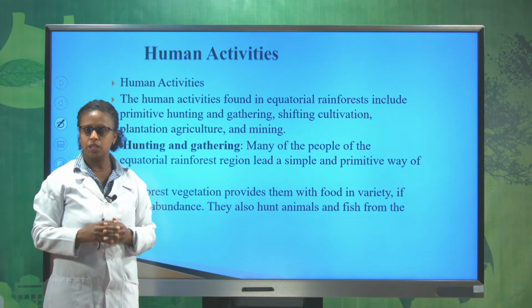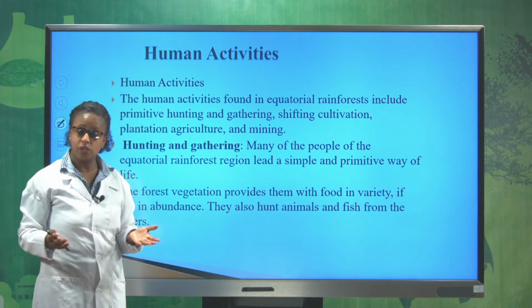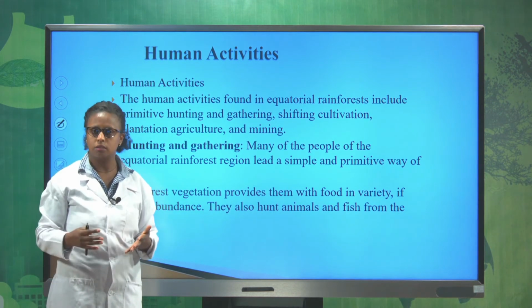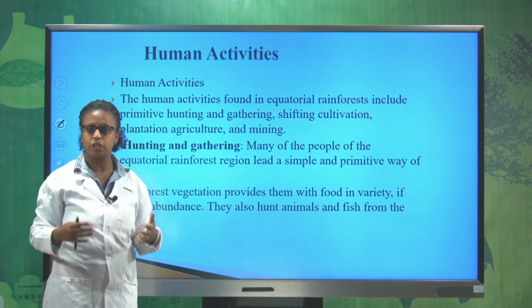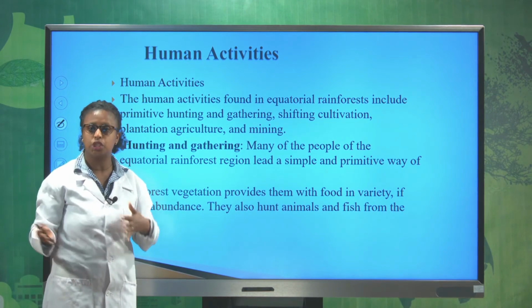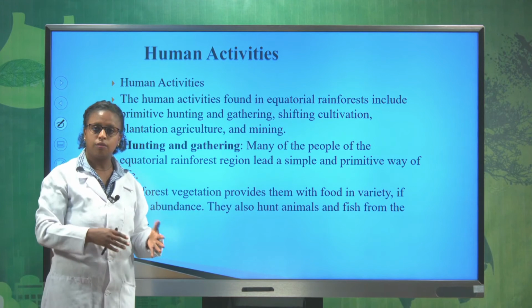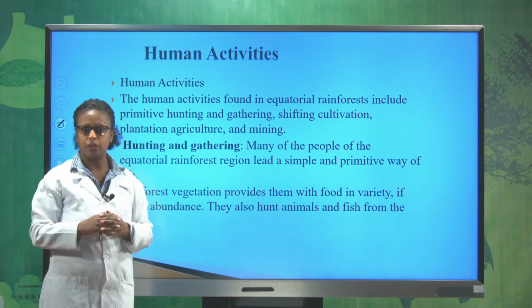Many people in the region lead a simple and primitive way of life, which means they depend on nature. They gather their food from forests, like fruits and vegetables. If the forest cannot provide abundant food, they shift to hunting animals from the forest or fishing from the river.